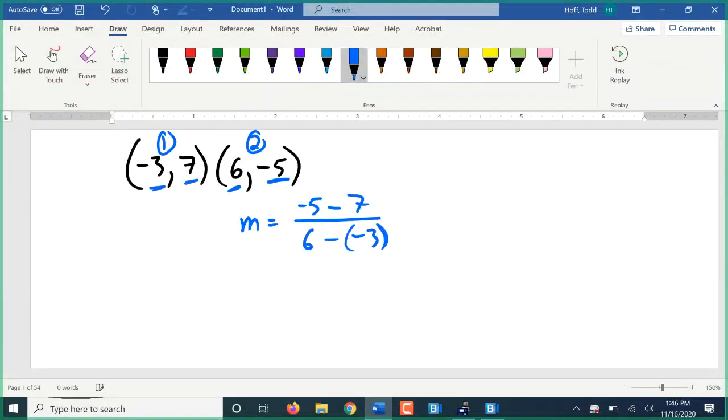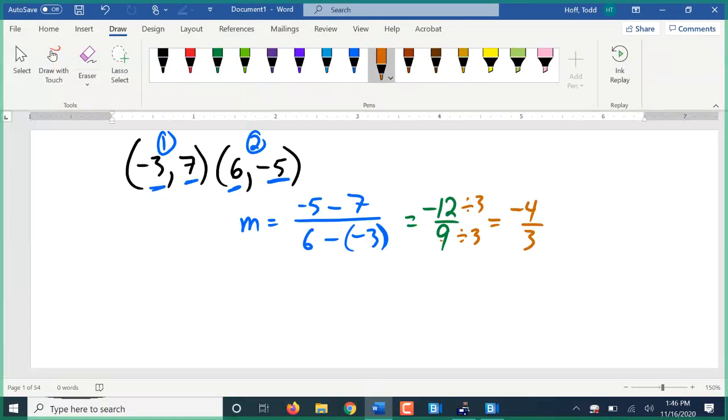I'll put the -3 in parentheses so we see that it's minus a negative. -5 minus 7 is -12. 6 minus a -3 is a +9. Now, -12 and +9 can both divide by 3. -12 divided by 3 is a -4. 9 divided by 3 is 3.